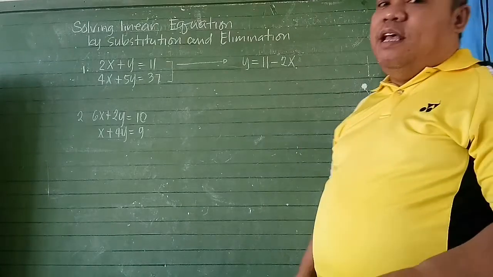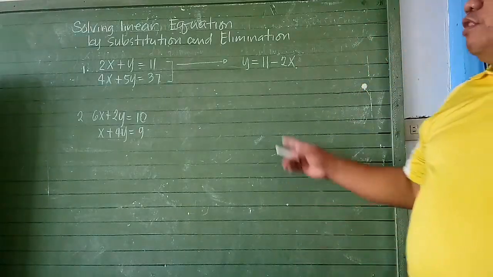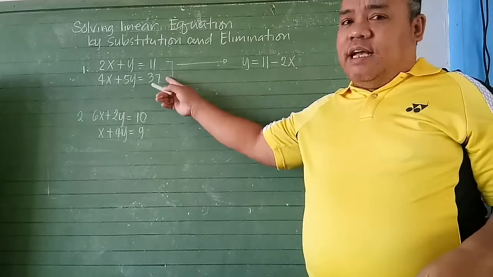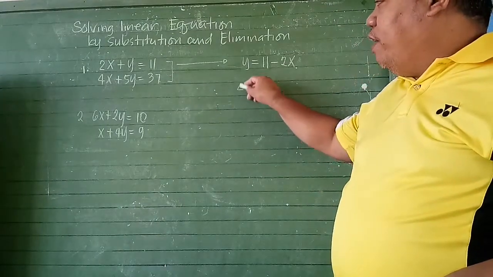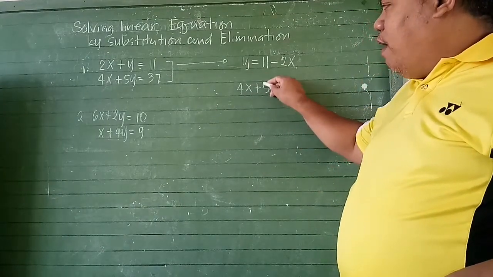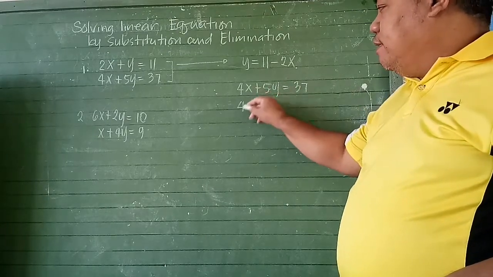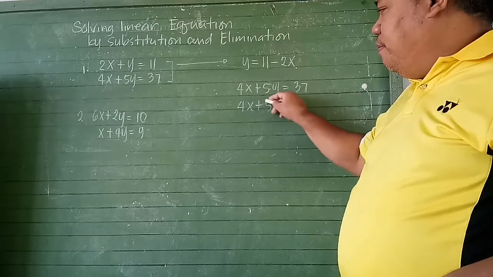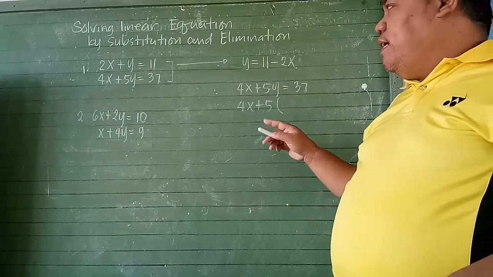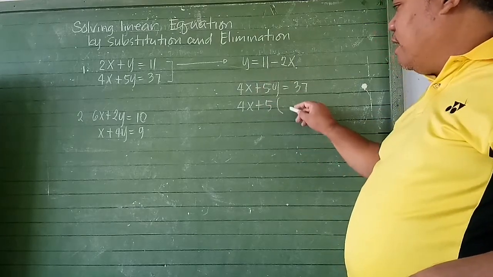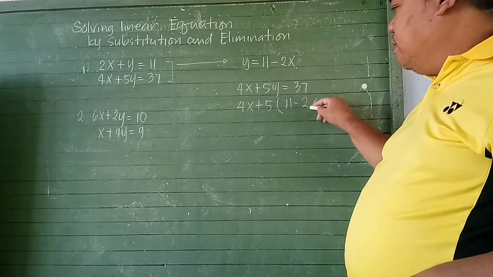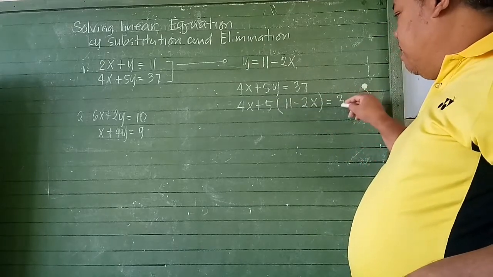After that, we are going to substitute the value of y into the second equation, 4x plus 5y is equal to 37. Then we have 4x plus 5 times the value of y, which is 11 minus 2x, equal to 37.